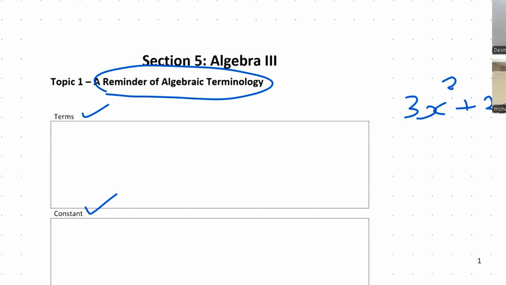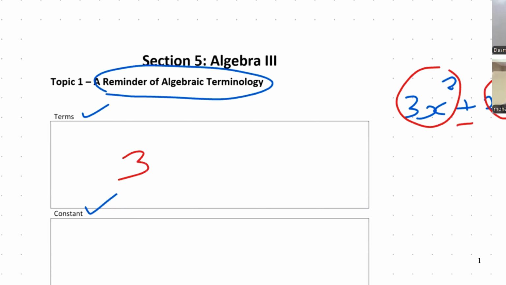Why are you saying 3 terms? Because what separates things from each other is a plus and a minus, and I see 2 plus signs, so they are separating them. Thank you. So by just identifying these 2 signs, they separate the first term, second term, third term. So yes, according to this example, there are 3 terms. Is that okay?